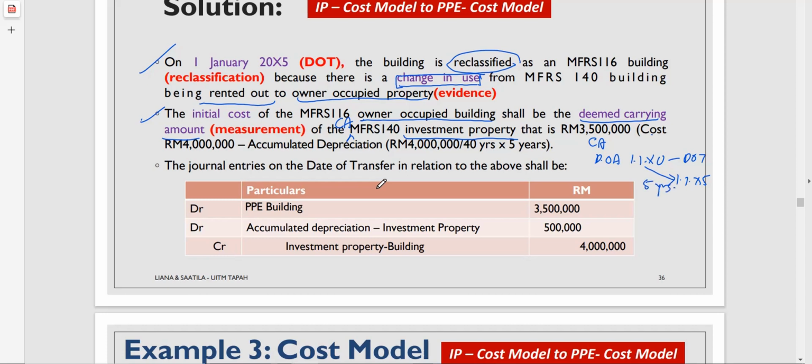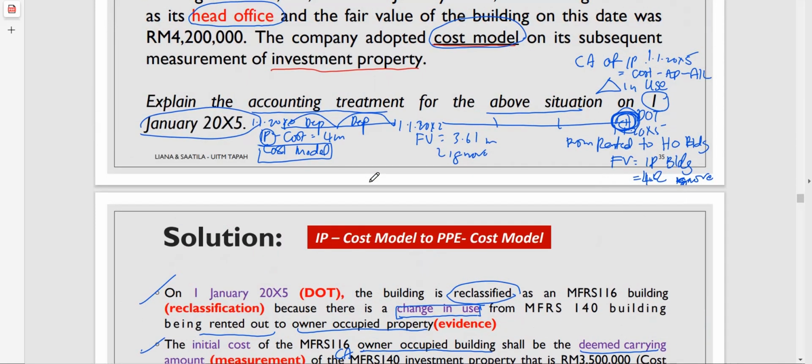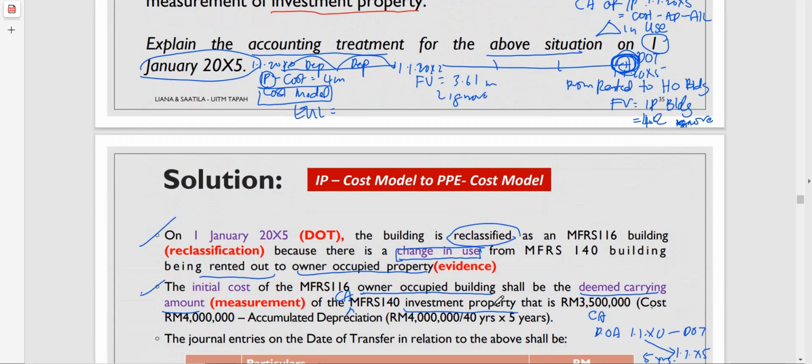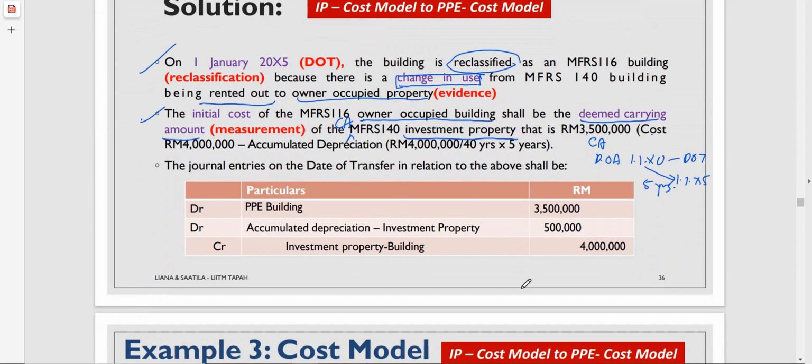So you were informed earlier that the expected useful life, which I have not written but is also very important, was 40 years. So you will calculate the depreciation by dividing the cost on the date of acquisition, that was 4 million, by the useful life of 40 years. So the accumulated depreciation of the property is 100,000 times 5 years, so that is 500,000.